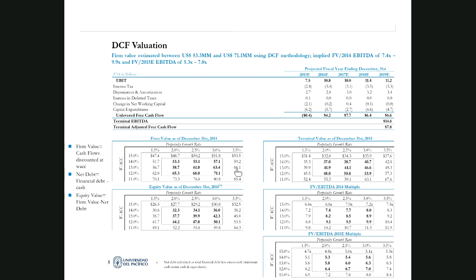Okay, here you have in this table a sensitivity for the firm value, based on different levels of WACC and different levels of perpetuity growth that are included in your formula to come up with your value. To this firm value, you subtract the net debt of your company to come up with your range of values for equity value here.